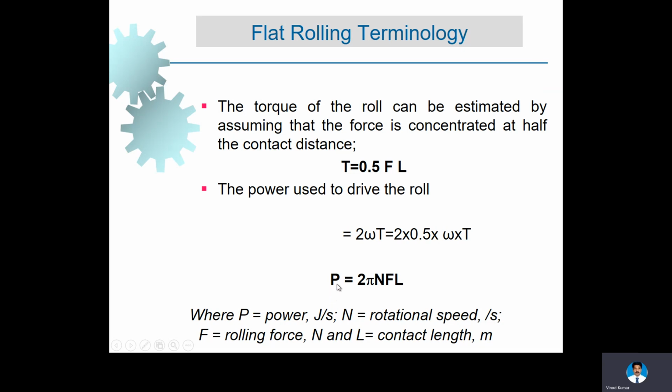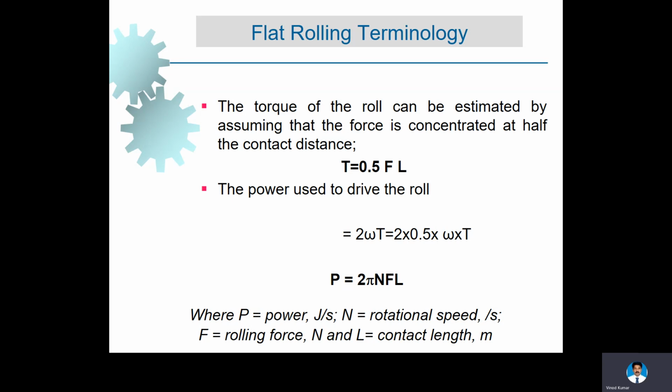The power used to drive the roll, P, is equal to 2 pi N F L. N is the rotational speed, F is the rolling force, and L is the contact length. So the torque is 0.5 FL and the power is 2 pi NFL, where N is the speed in RPM, F is the force in Newton, and L is the contact length in meters. We can calculate how much torque and power are required for a rolling operation.